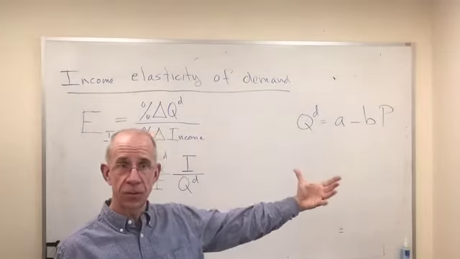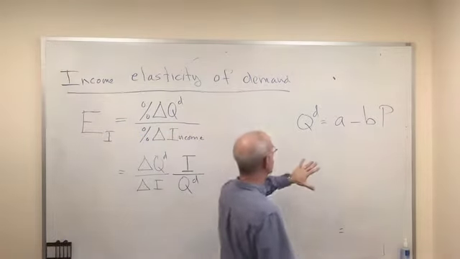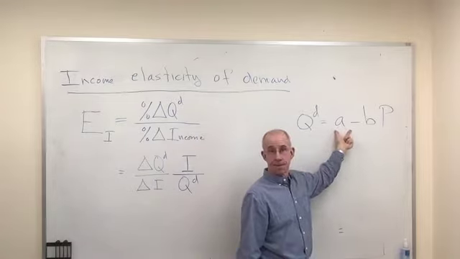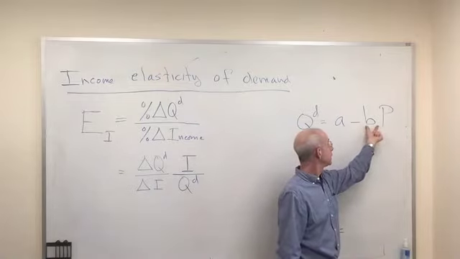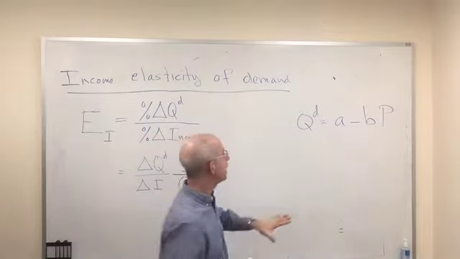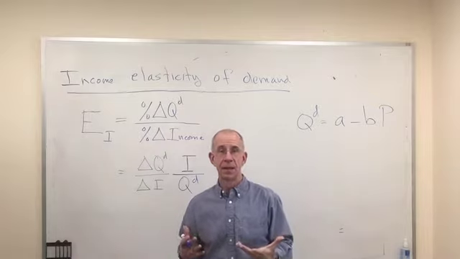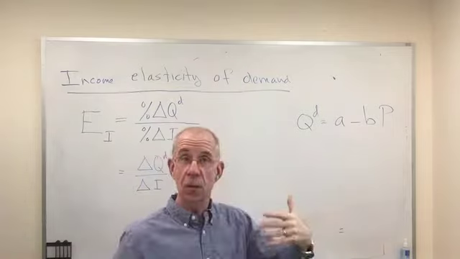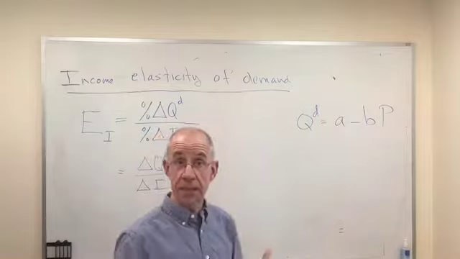Now I want to relate that back to a demand curve that we've talked about in different videos. If you recall, we had the demand curve as being equal to some constant A minus a sensitivity of demand with respect to price, and we just kind of left it at that. Well, buried in this intercept, this parameter A, are various things that will shift or change the quantity of this product that's demanded. One of those things is income.